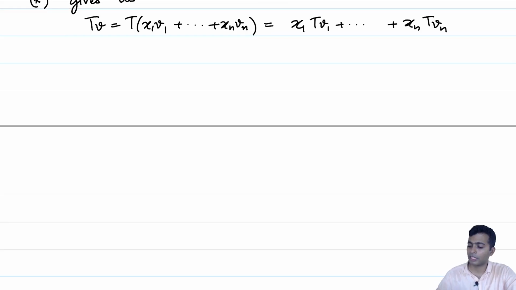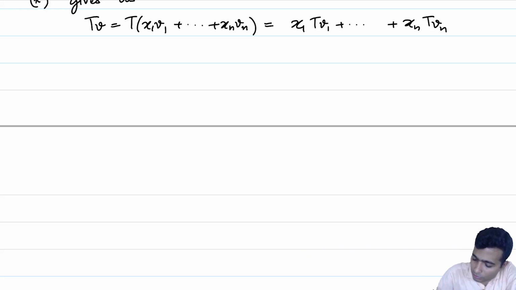But then each of these TVi are vectors in capital W. So let's write each of them as a linear combination of the vectors w1 to wm.